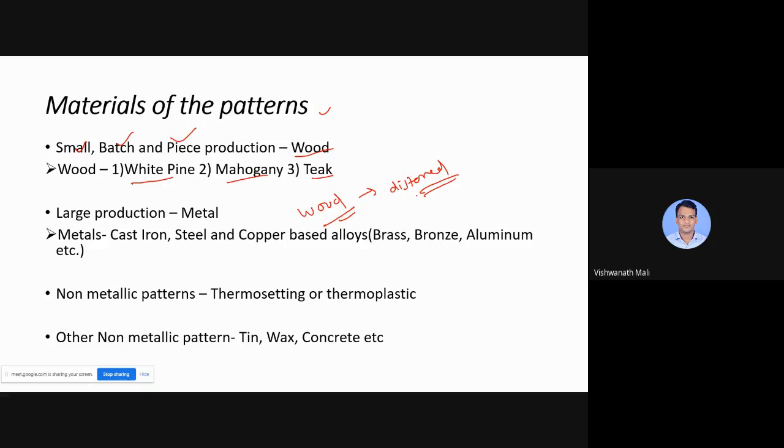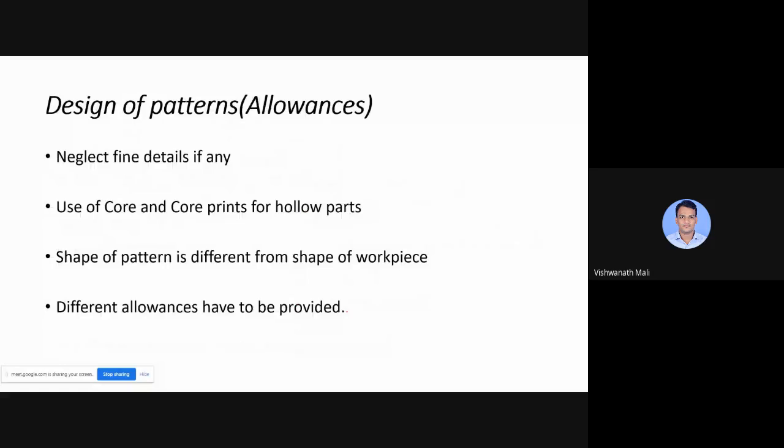In order to avoid that error, we go for metal, as the metal's dimensions do not change due to repetitive use. For large production, we select metal. Some non-metallic patterns we also use, like thermosetting and thermoplastic, depending on the type of casting. In investment casting, we use wax. If there is a large casting, then instead of wood, we go for concrete cast. So these are the materials which we use for preparing the pattern.